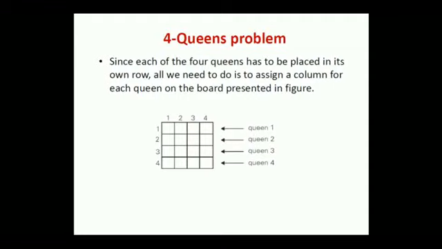Since each of the 4 queens has to be placed in its own row, all we need to do is assign a column for each queen on the board represented in this figure. We start with an empty board and then place queen 1 in the first possible position of its row, which is row 1 column 1.